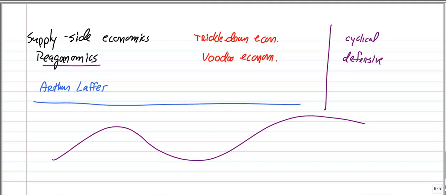So if you've got an industry that is cyclical, that means it follows the business cycle. It means it's going to do better in an expansion and not as good in a contraction. Something that is cyclical is really sensitive to the state of the economy.